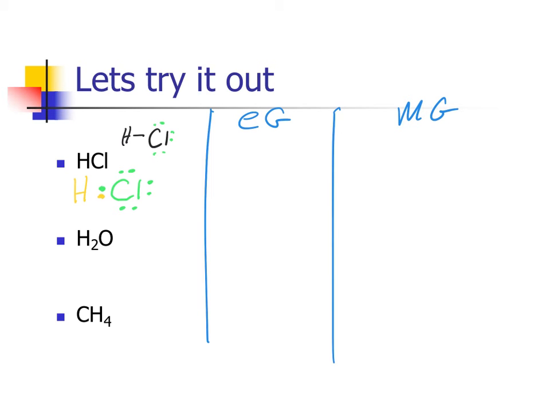So, when we look at that and we look around our central atom, how many electron pairs do I have around my central atom? So how do we know?